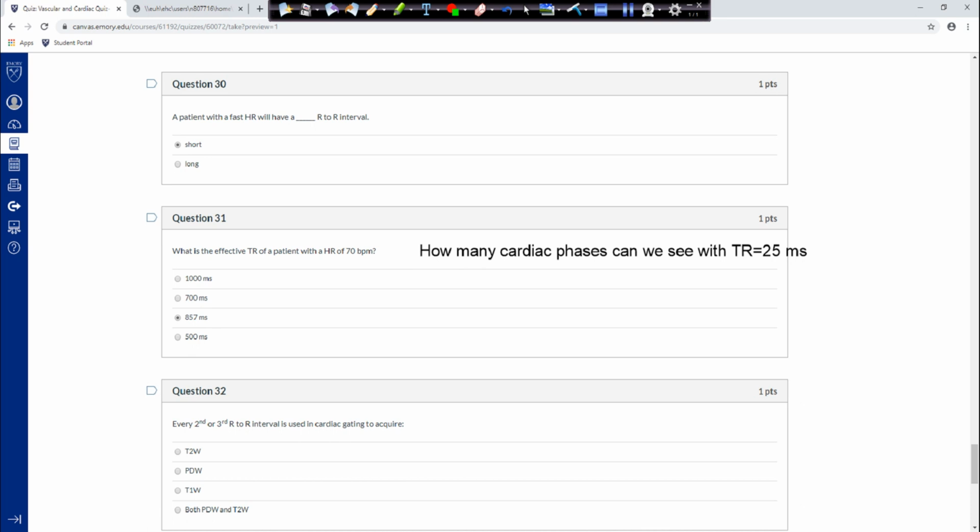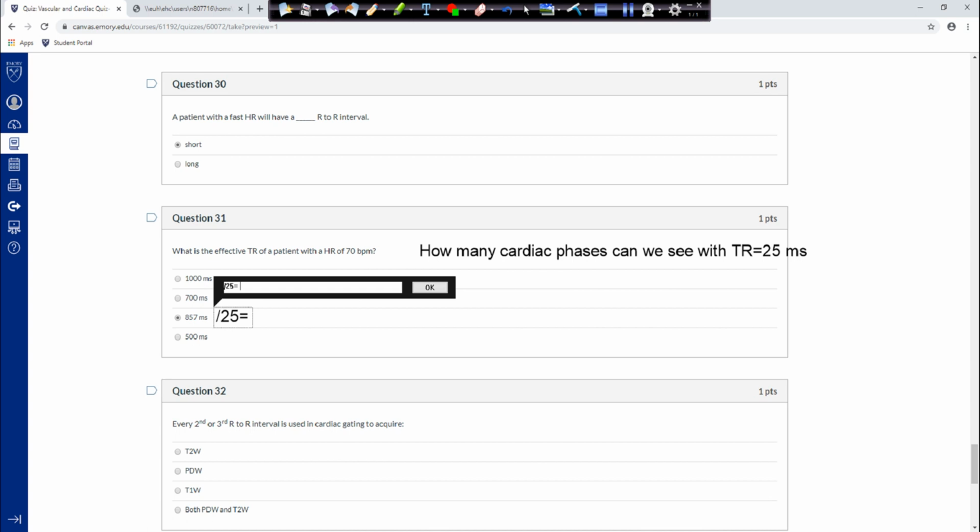So to get that answer, we basically do our effective TR conversion. So we have our 60,000 divided by 70, which we have said gives us that 857. And then all we have to do is divide that number by our TR. And that will give us the amount of cardiac phases.